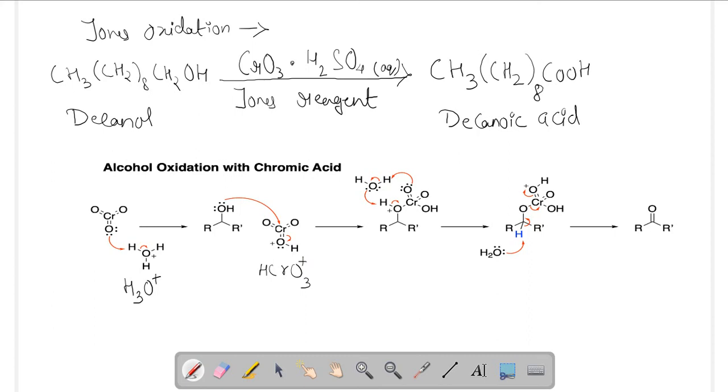Now, as O cannot hold a positive charge for a long time, one electron pair will be broken from the chromium, and one lone pair of oxygen from the OH group of the alcohol will be involved. You can consider an H here if you are considering a 1 degree alcohol. If you are considering a 2 degree alcohol, then you can consider R here.